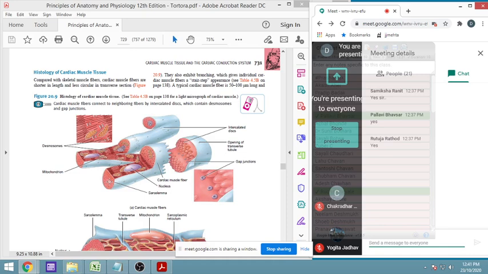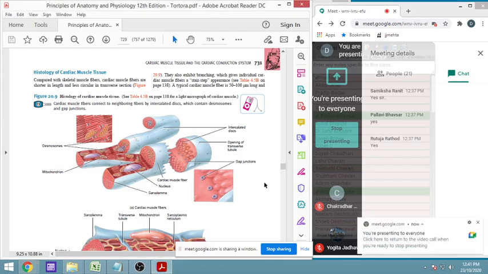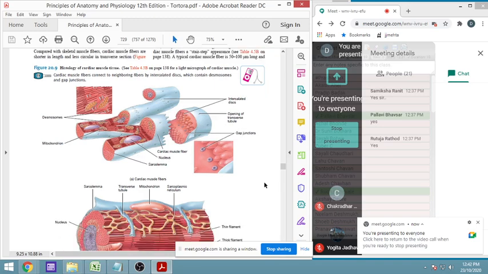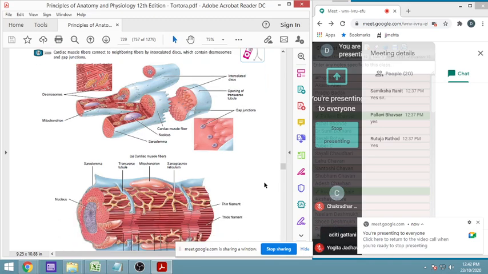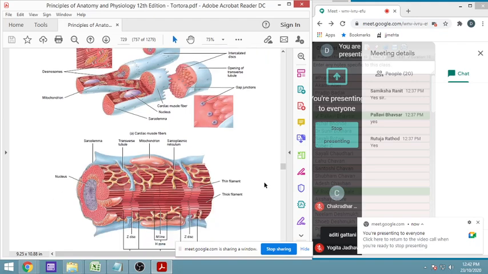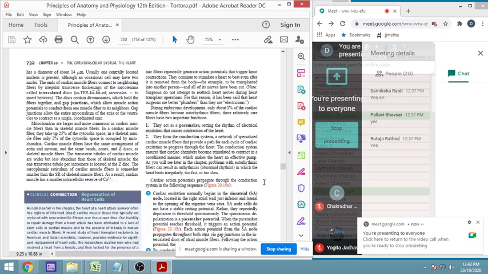So whatever impulse is generated in the SA node will spread rapidly, because connexons or gap junctions play an important role. This is one important feature that has to be understood. Because of the changes in the impulses, what happens you should be aware of, so I suggest you read the physiology again nicely.